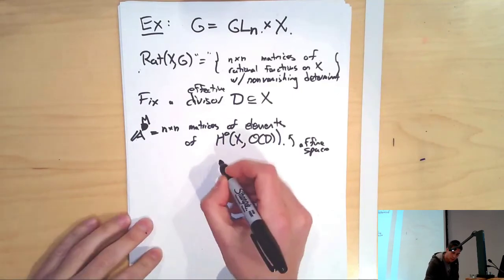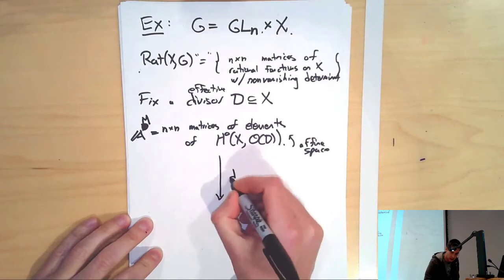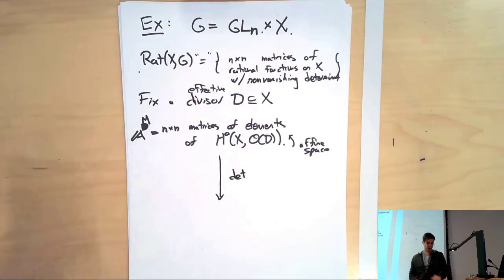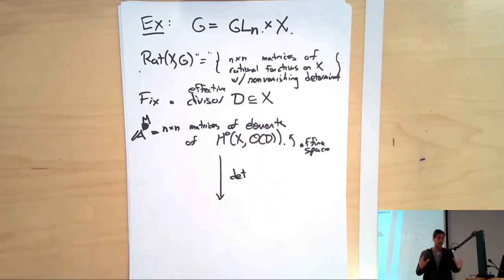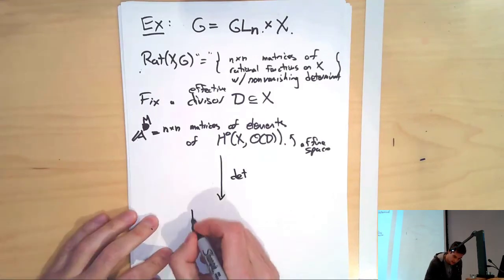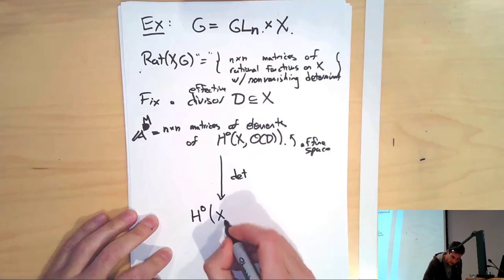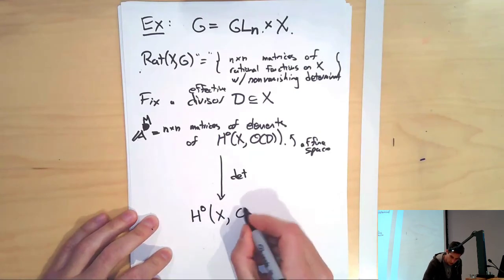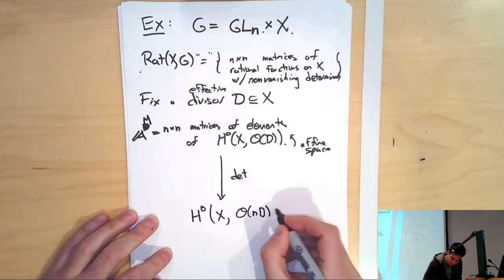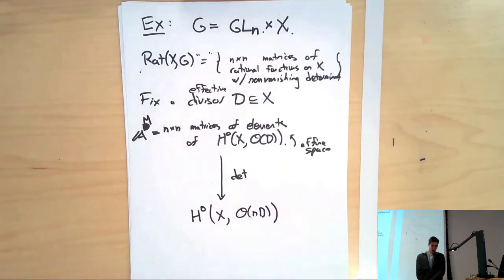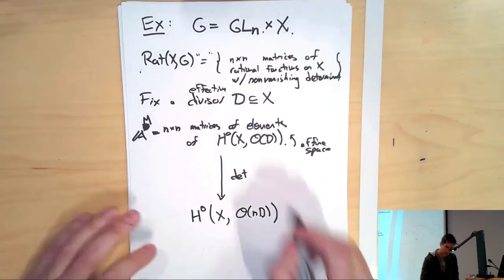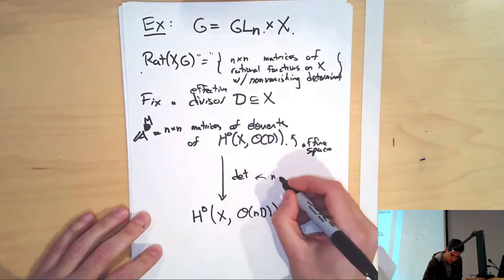So there's a map from this space of n by n matrices with coefficients in H naught of X with coefficients in O of D that takes the determinant of that n by n matrix, and it lands in this vector space H naught of X with coefficients in O of n times D. So this determinant map, note that it's not a linear map.